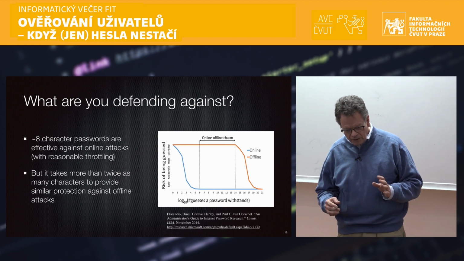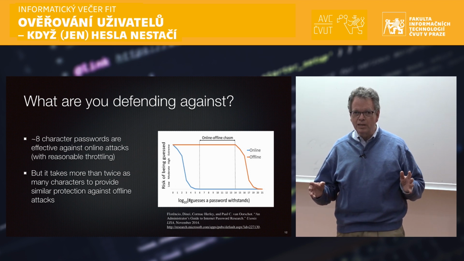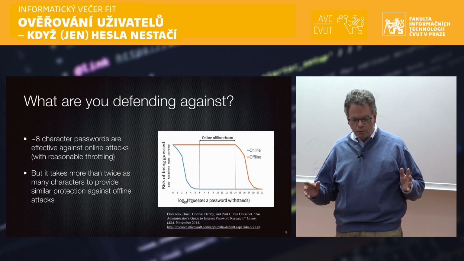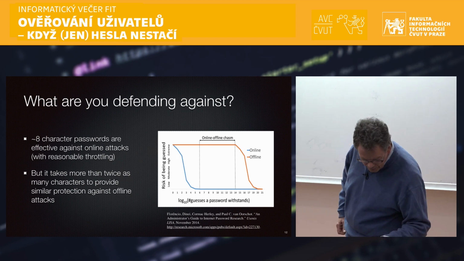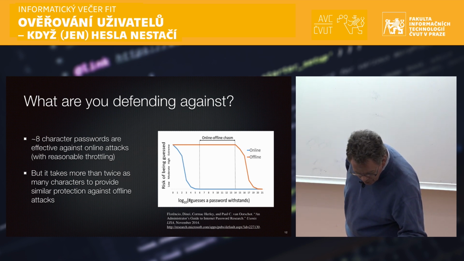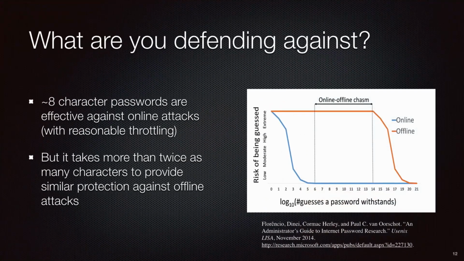But this talks about the difference in password length, and the blue line is a protection against online attacks. If you've got a very short password, there isn't even much protection against an online attack. But in order to defend against an offline attack, it needs to be maybe 8 characters longer.